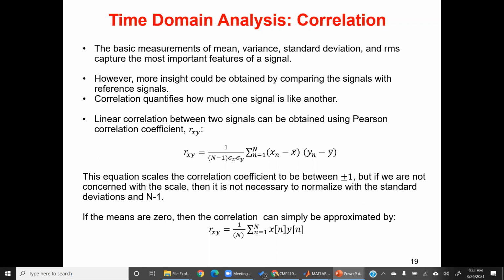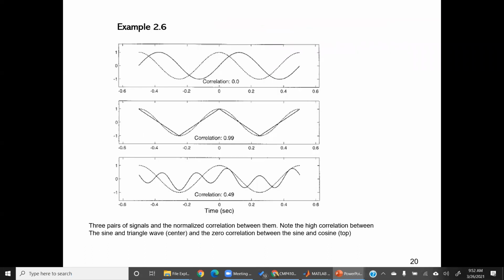You're trying to see the similarity between two signals. Pearson correlation coefficient, if you normalize it, then it will be between -1 and 1. I'm showing you correlation between two signals here. So this is a sine wave. This is a sine and cosine, sine versus cosine.